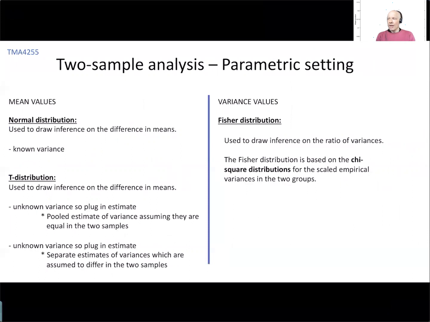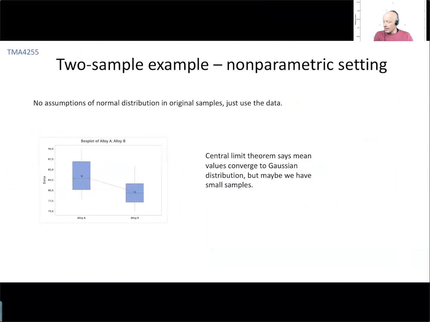We can also test variances with chi-square distributions and then Fisher distributions. It's all very nice, but it relies on this parametric assumption of the normal distribution. And sometimes we don't want to do this, and that's when we are in the non-parametric setting.